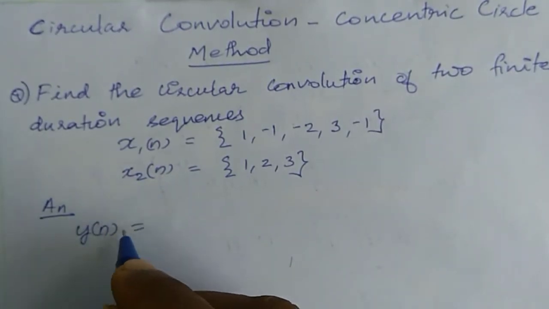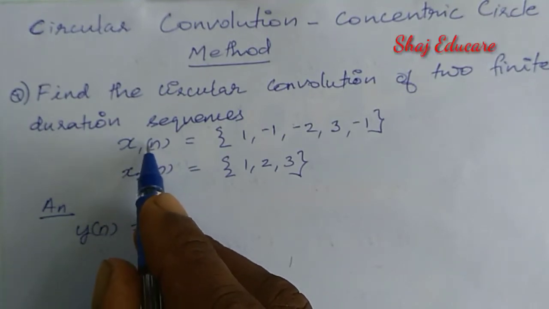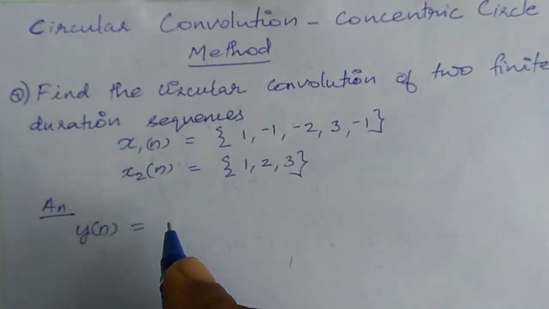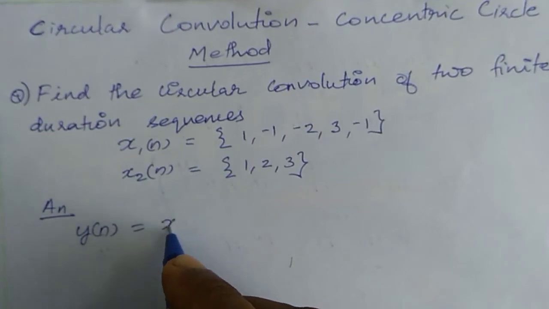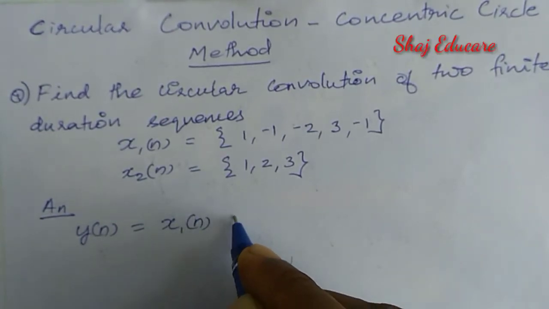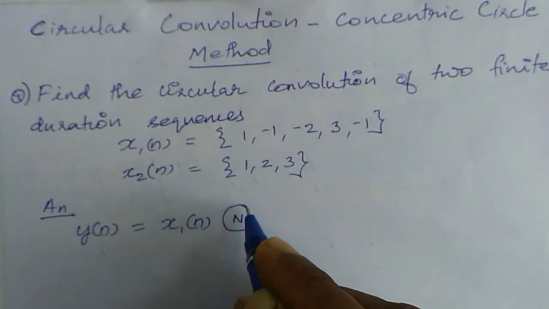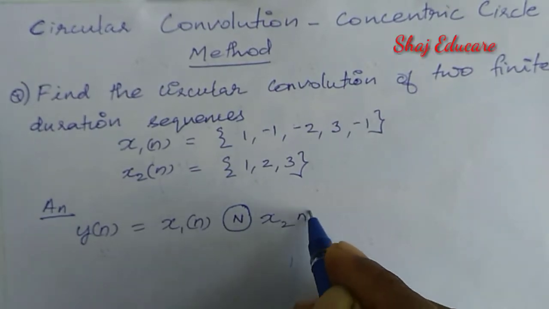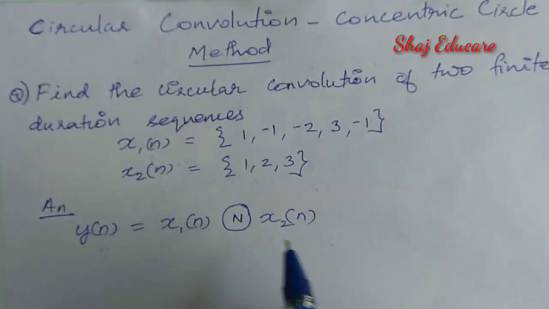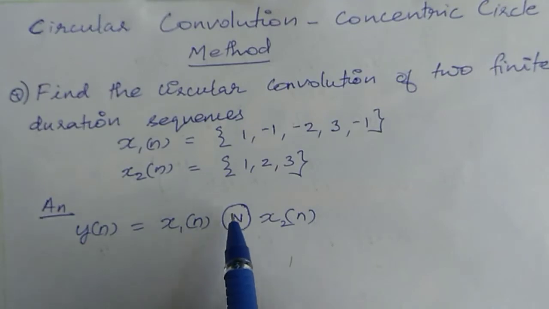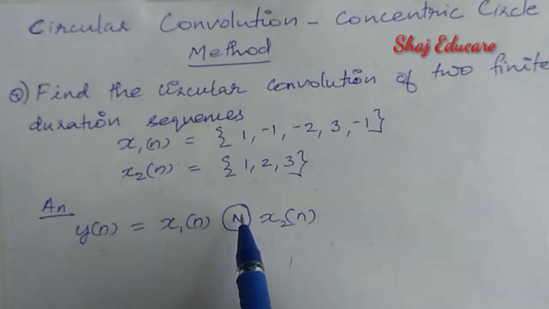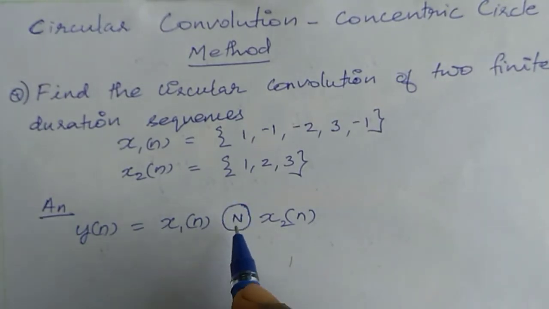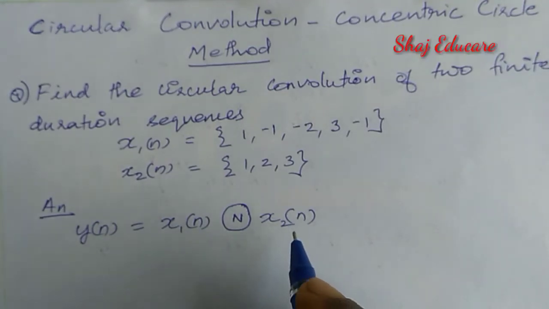So y of n is the circular convolution of x1 of n and x2 of n, denoted by x1 of n, with a circle around the convolution symbol, x2 of n. This is the representation of circular convolution.